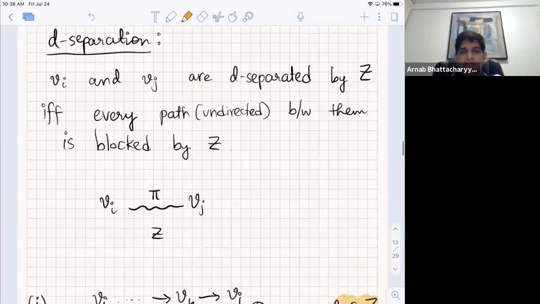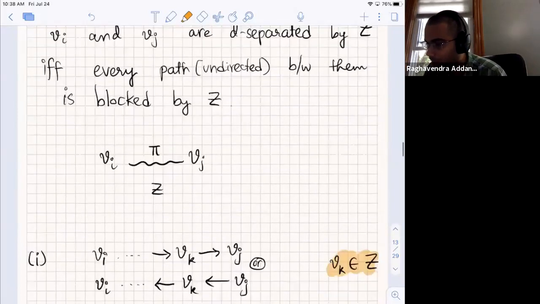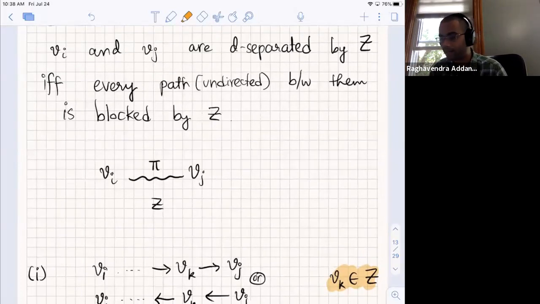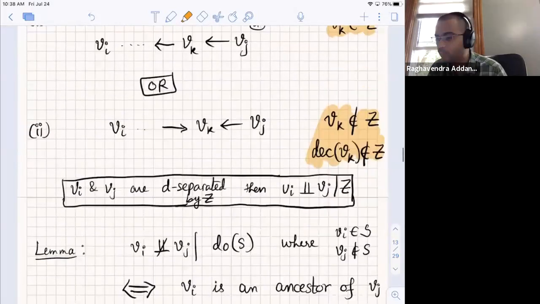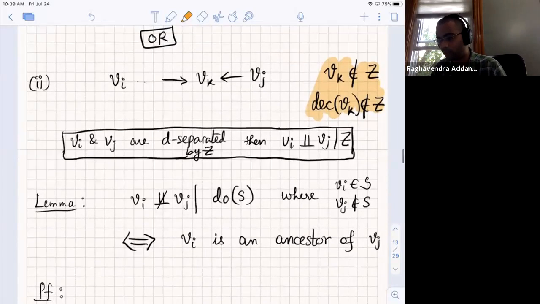We say that Vi and Vj are d-separated by a set Z, which is a subset of observable variables only, if every path between Vi and Vj is blocked by this set Z. If they are d-separated, then they are conditionally independent. So if all the paths between them are blocked by Z, then Vi is conditionally independent of Vj given Z. This is the property which we want.